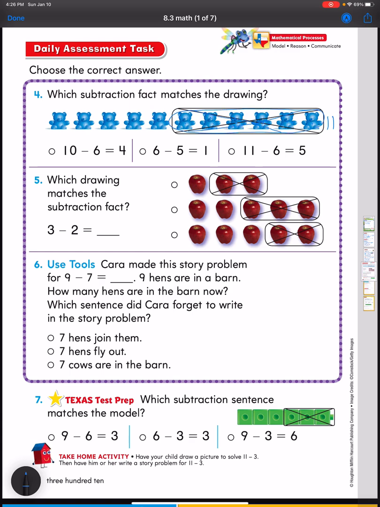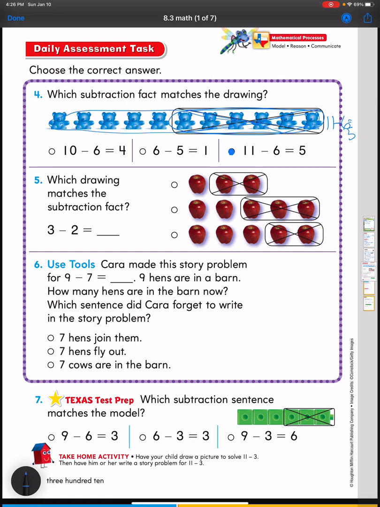That means I have 11 minus 6. And I know what it equals. 1, 2, 3, 4, 5 equals 5. I need to find an answer that looks like that, and that is this one. So remember, when you see a picture like this in our math stuff, count all of your bears, because that's what you have to start with, and then count what was subtracted away.